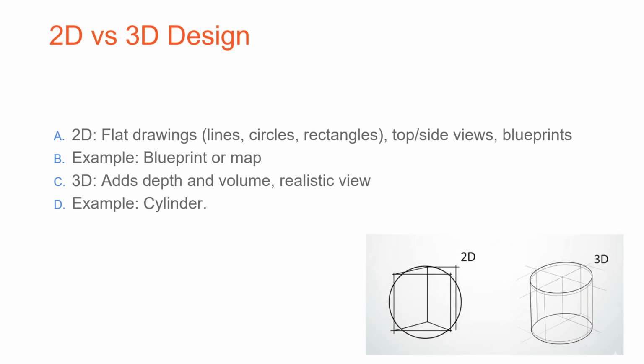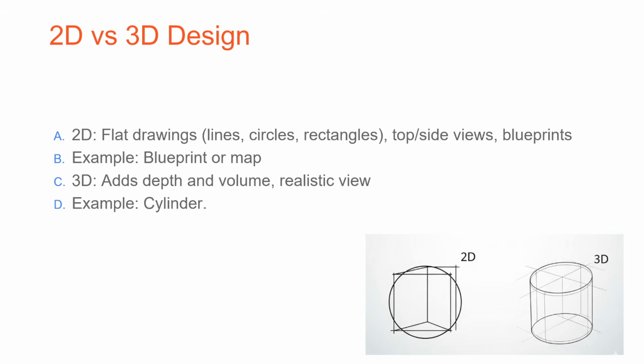You use lines, circles, rectangles, and arcs to show shapes. For example, if you want to draw a table in 2D, you might show the top view and side view, but it won't have depth. That is nothing but a 2D design.